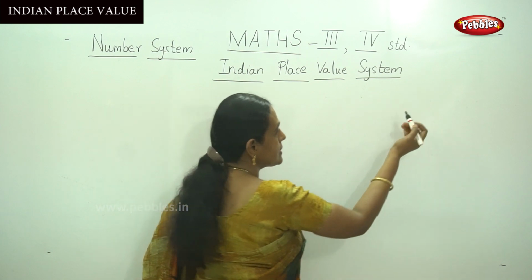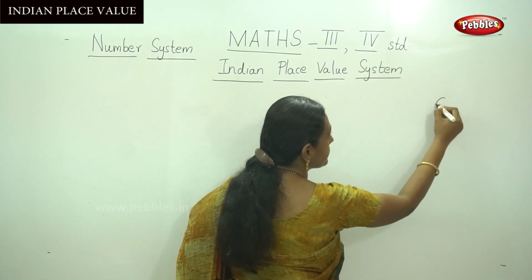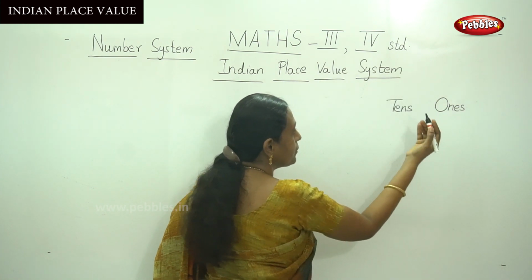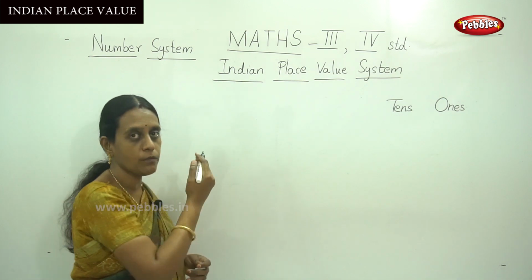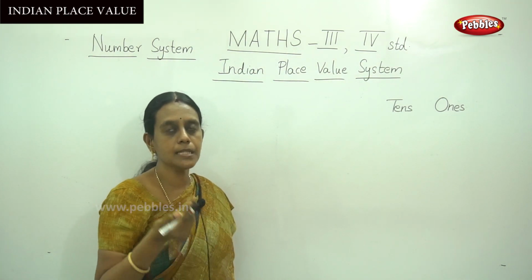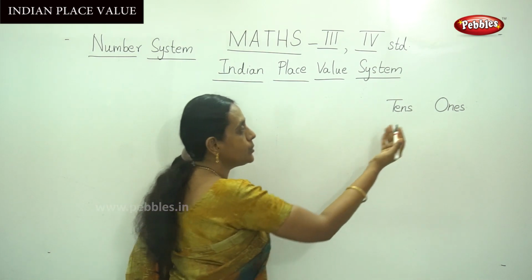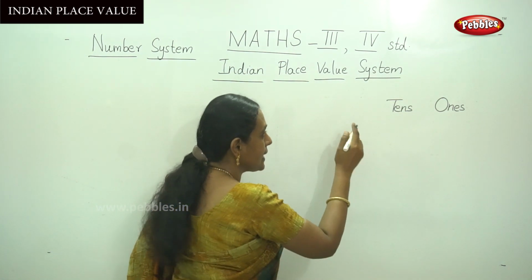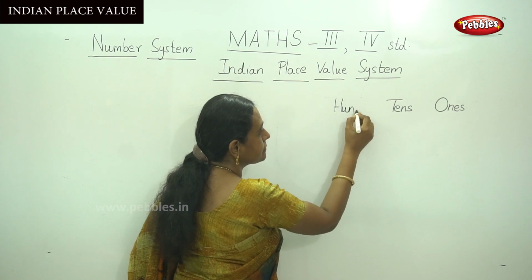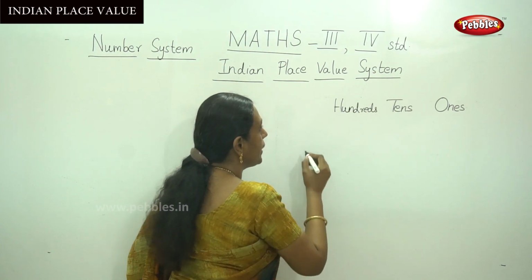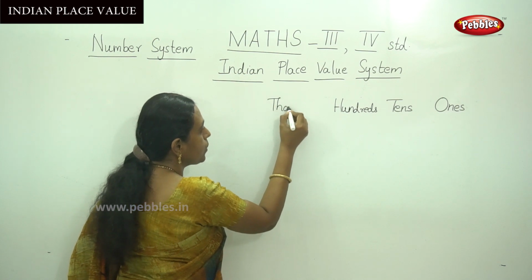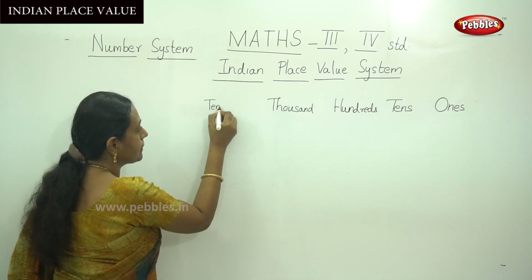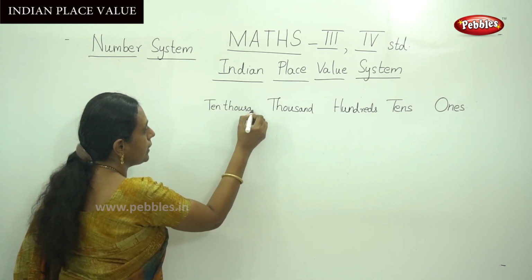In this system, first come ones and tens, from your right hand side to the left side. Always start counting numbers and place value from the right hand to the left hand side, children. That is ones, tens and hundreds, and next one, thousand, and next period, 10,000.